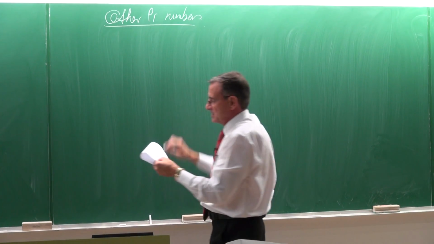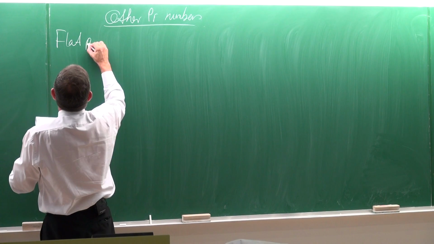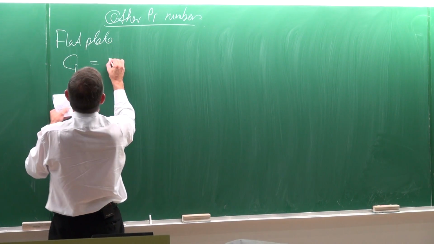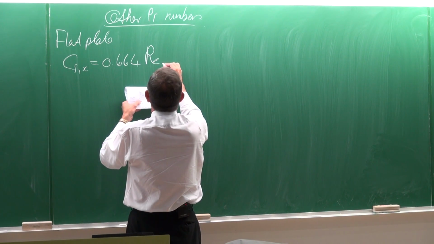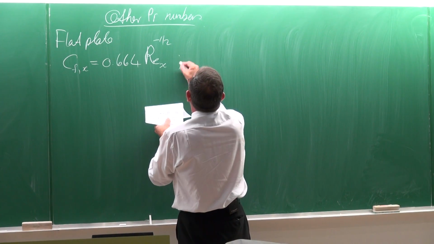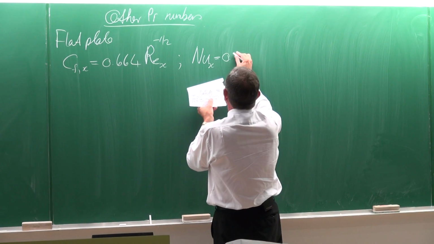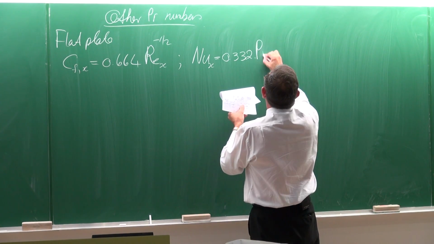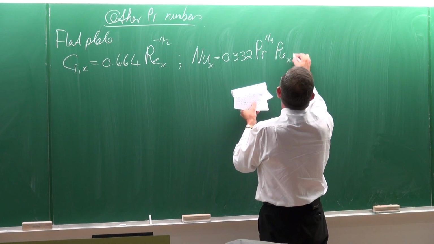So for other Prandtl numbers, it can be shown that for a flat plate, the CFX value is equal to 0.664 multiplied by Reynolds X to the minus a half, and the Nusselt number at a specific point X, that same point, is equal to 0.332 multiplied by Prandtl to the third multiplied by Reynolds X to the half.